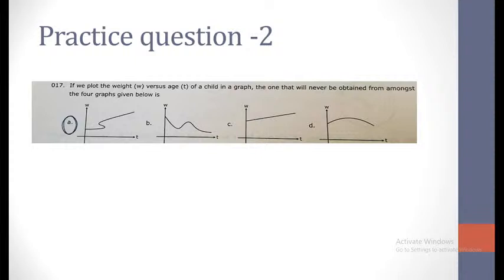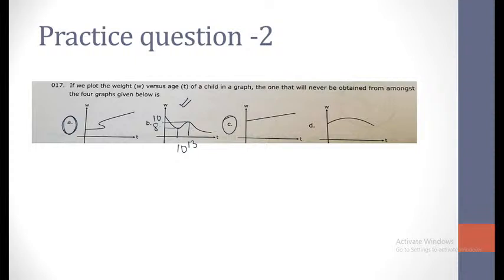Why? Because we have time. Let's say the person is 10 years of age and has a weight of 8 kgs. Absolutely fine. The person is 13 years of age and has 10 kg of weight, and so on. So yes, this particular scenario is possible.